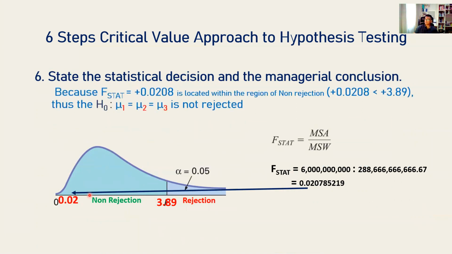Then we can state that because the calculated statistic 0.0208 is located within the region of non-rejection, the null hypothesis that the mean monthly spending of students in University A, B, and C is equal cannot be rejected. Yeah, it's not rejected.